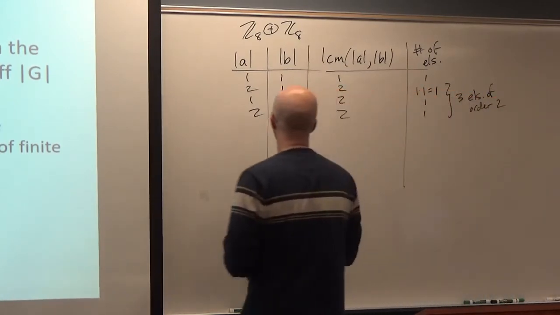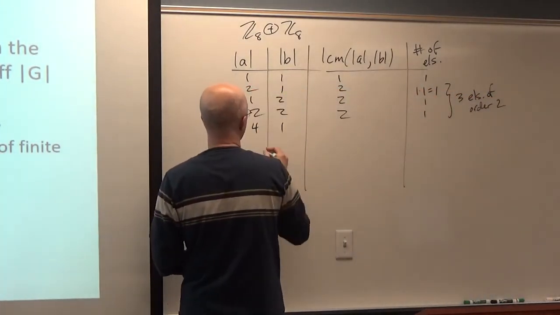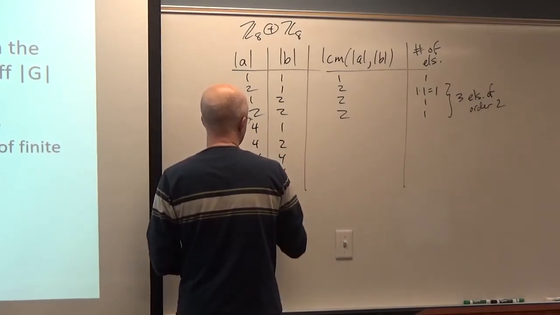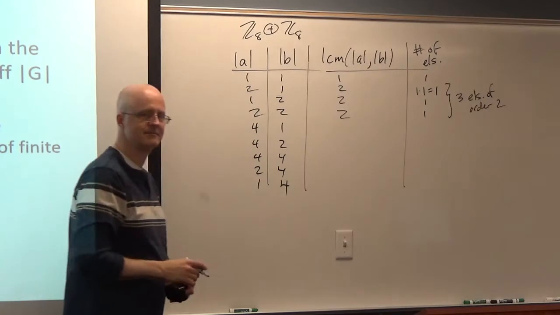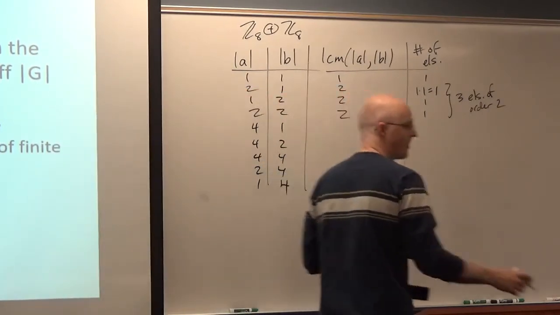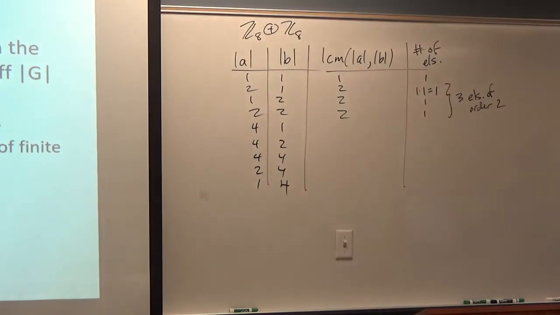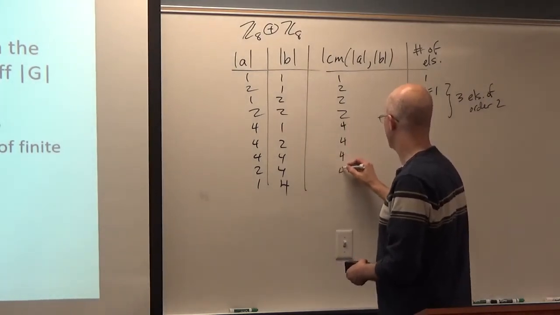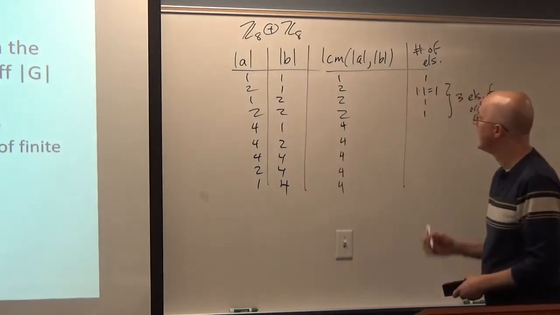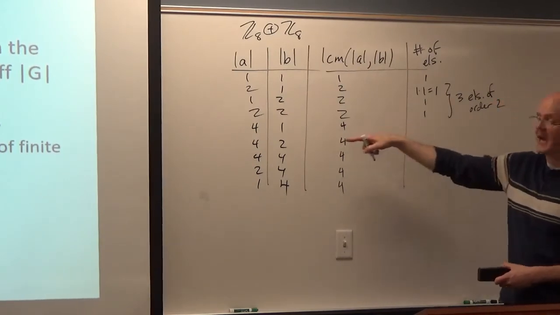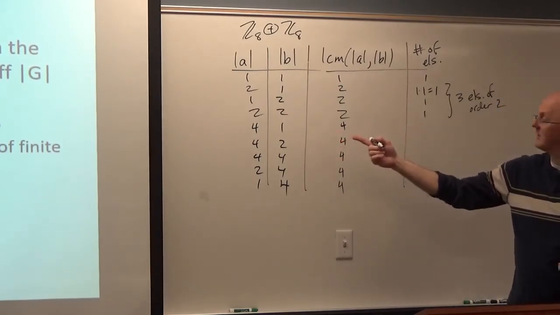How about the elements of order 4? We can get the elements of order 4 in those ways. In each case, the least common multiple is 4. But the number of elements in each category is not necessarily the same. Be careful.